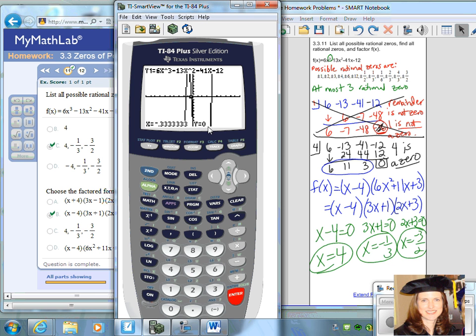So y is equal to 0 when x is equal to negative 1/3. And the last one, we can double check that. That is negative 3 over 2. Press trace and type in negative 3 over 2. You can see that's another place where the graph crosses through the x-axis. So negative 3 over 2 is a zero of the polynomial function.